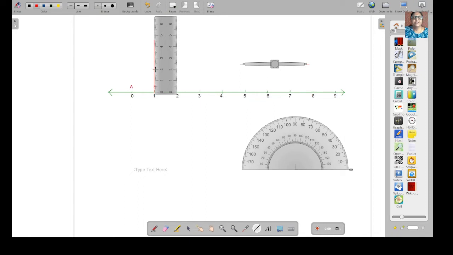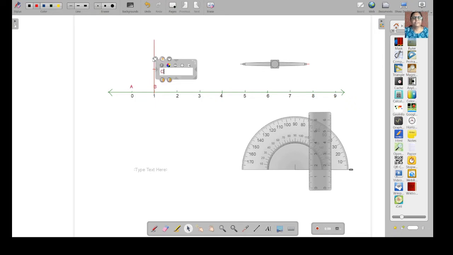Name that point as C. So mark that point as C. Now join AC.